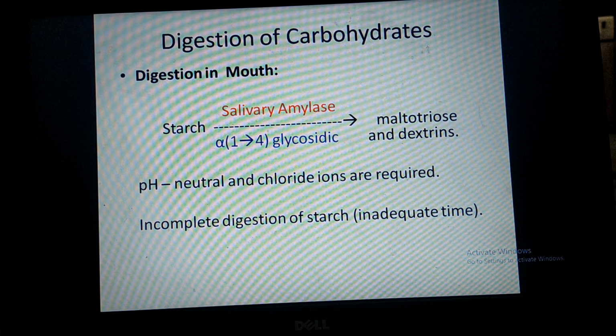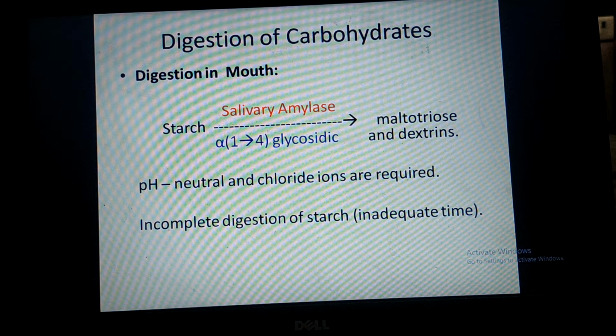In the mouth, the enzyme salivary amylase is found in saliva, which acts on starch and breaks the starch into maltodextrins and dextrins. pH required for the activity of salivary amylase is neutral, and it also requires chloride ions for its activity.